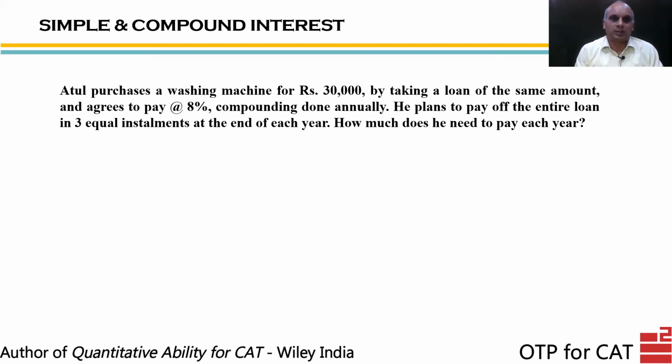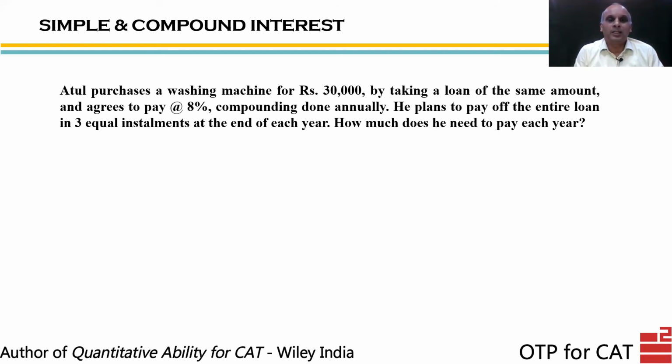Now, in this question, we will see how to calculate the installment for each year or for each time period. Read the question carefully. Atul has taken effectively a loan of 30,000 rupees today, which he plans to pay in 3 equal installments.